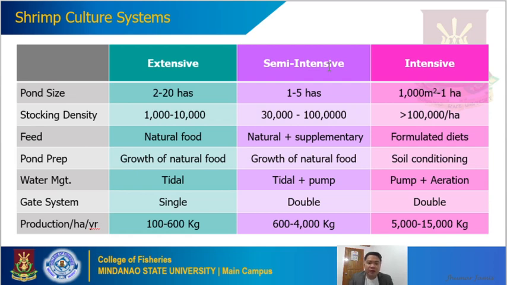Now, if you take a look at the difference between these three culture systems according to the feed, as I've said, the extensive aquaculture will be depending on the natural food organisms, while the semi-intensive will be employing supplementary feeding in addition to the natural food available in the pond or in any enclosure.